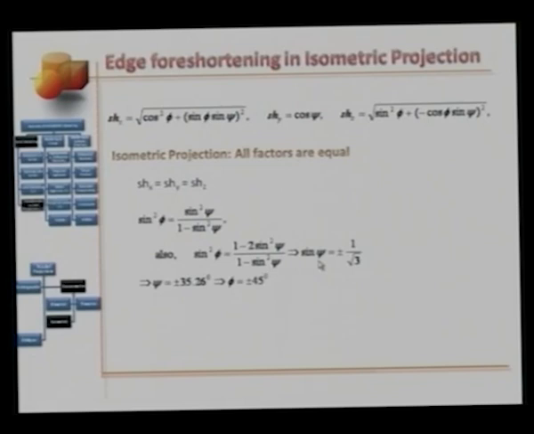Sine psi becomes equal to plus or minus 1 over the square root of 3, which is plus or minus 35.26 degrees, and phi assumes the value of plus or minus 45 degrees. If we consider these foreshortening factors, they are all equal to the square root of 1 minus sine squared psi, which is equal to square root of 2 over square root of 3, which is 0.8165.